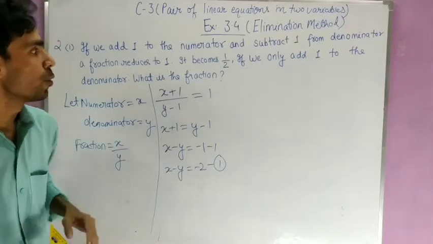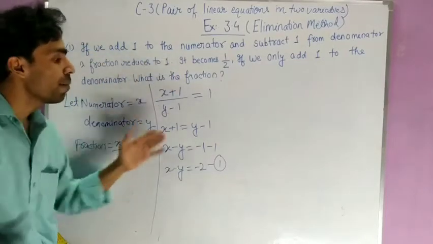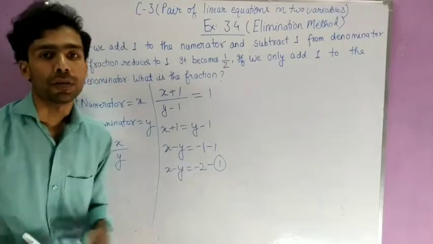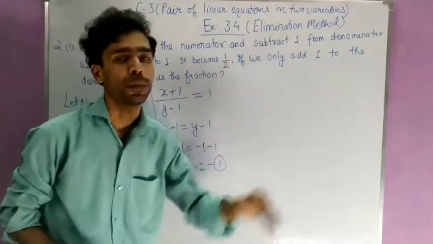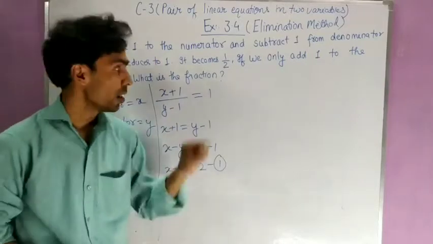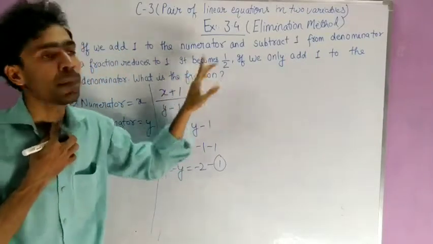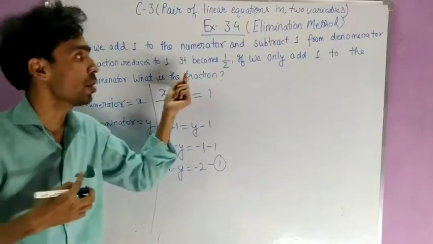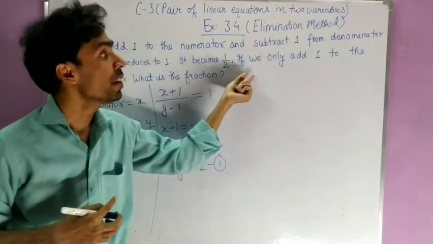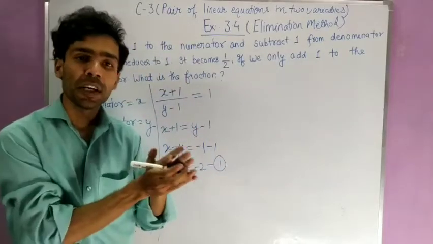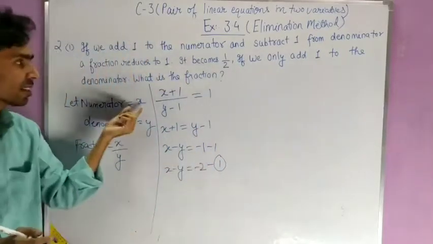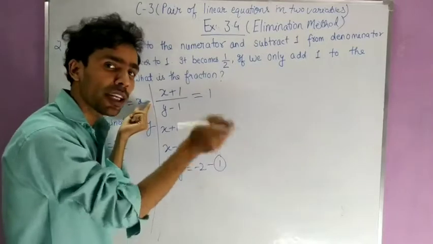Now from here to here we have made the equation. Now what do we have to do? Now we will read the second statement. The second statement is that it becomes 1 by 2. It means the fraction becomes 1 by 2 when we only add 1 to the denominator. It means that the numerator is the same, the numerator was x. So in this case the numerator is only x.